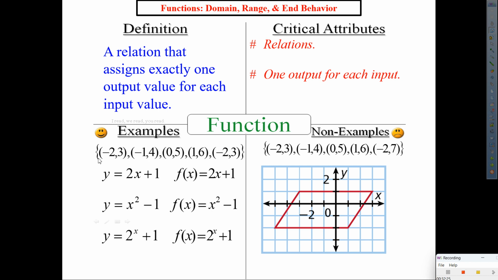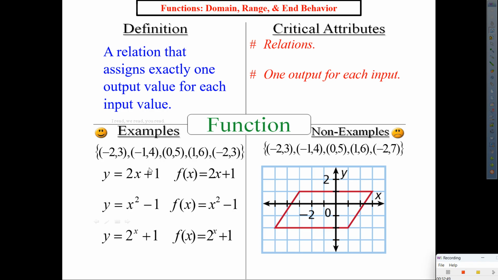So before we move on, look up, please. Tell your neighbor why this relation here is a function and why this one is not a function. Remind them, please. Go. All right, Gabriel, why is this relation a function and not this one? Elaborate more.